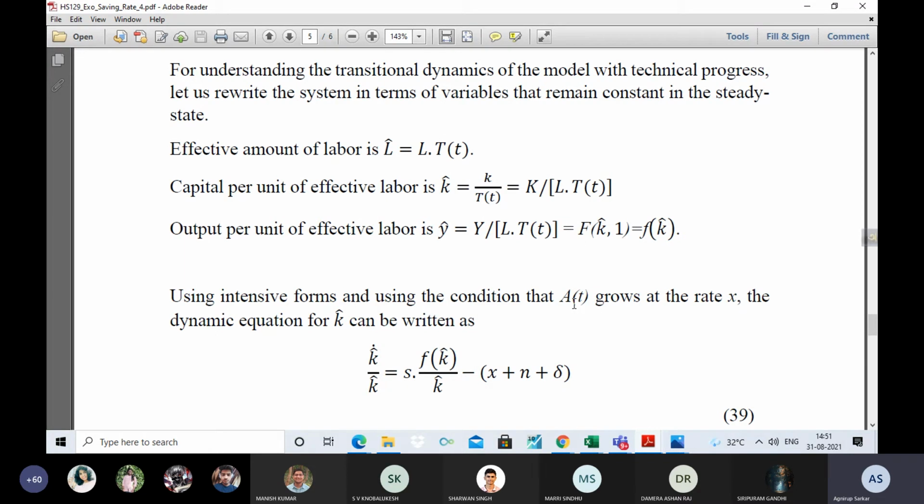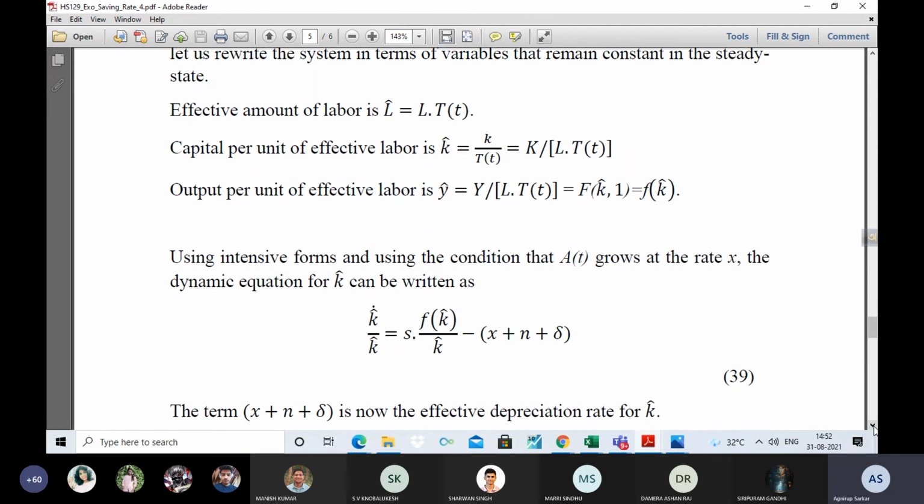So we can derive the dynamic equation for k hat as follows. Just following the exact same principle as with the Solow-Swan model with constant technology. The only difference is that there's an A(t) term sitting here, and A(t) evolves over time. It grows at the rate x. So this now would be our basic Solow-Swan equation.